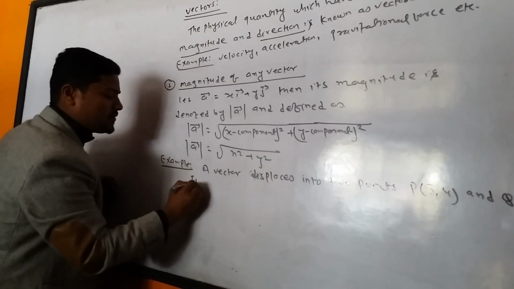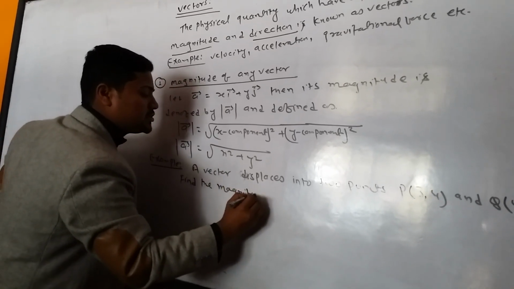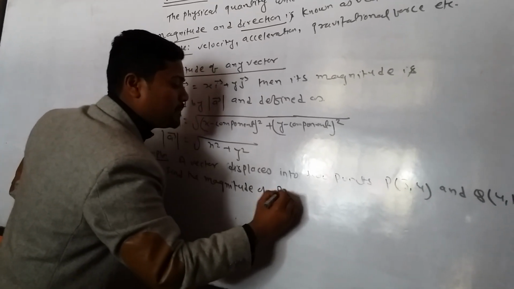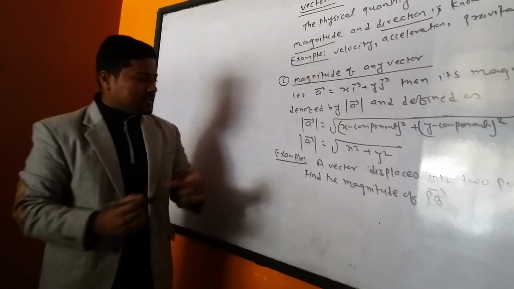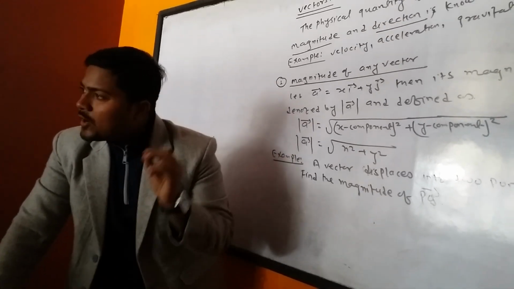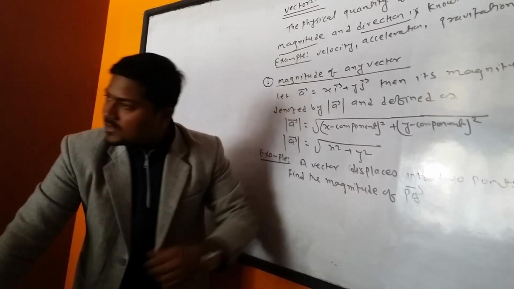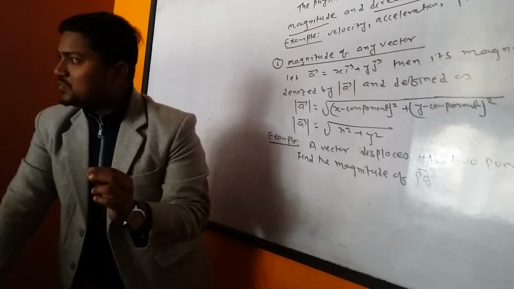Now find the magnitude of PQ vector. If questions come like this, in this question you are going to learn two things: number one, how to find PQ vector, and number two, how to find the magnitude.